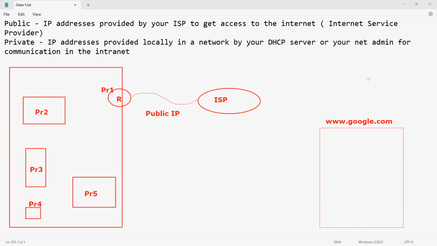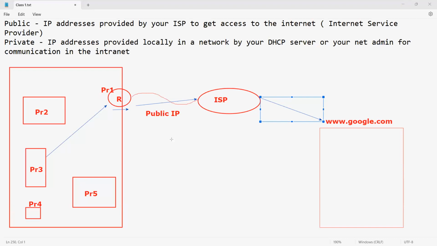From the router, it jumps from the internal network to the external network. After that, it goes to the ISP, and from the ISP it reaches the target system. So when you're accessing the target, it knows exactly who's accessing it, what IP address they're using, and what their location information is.